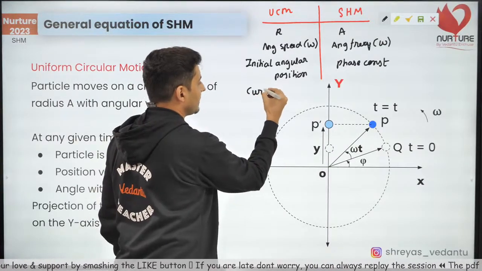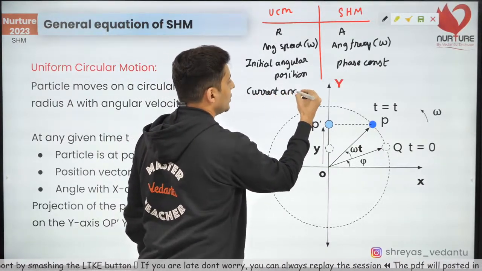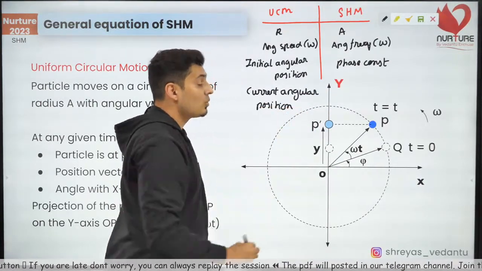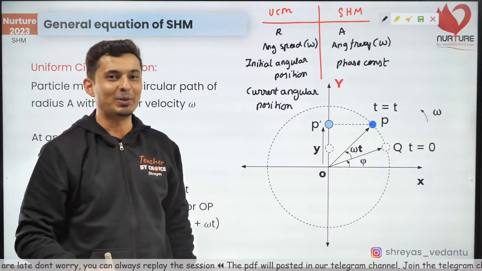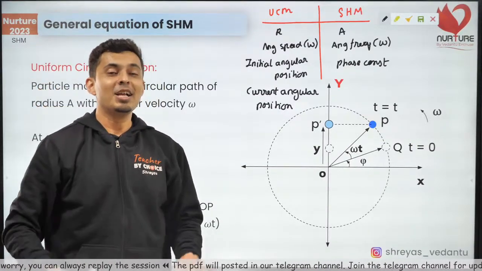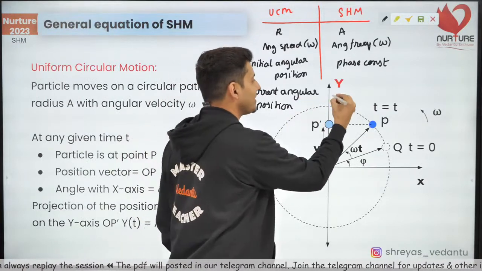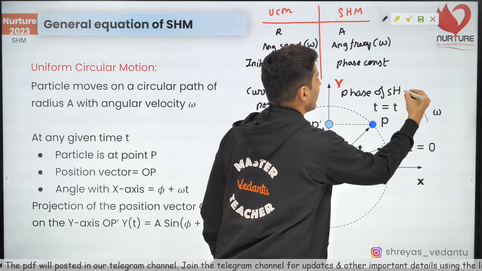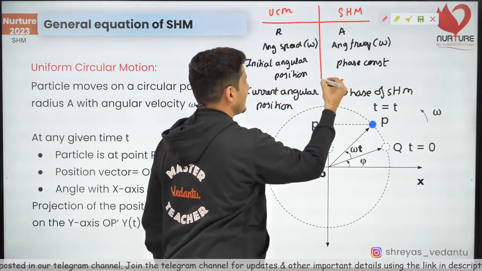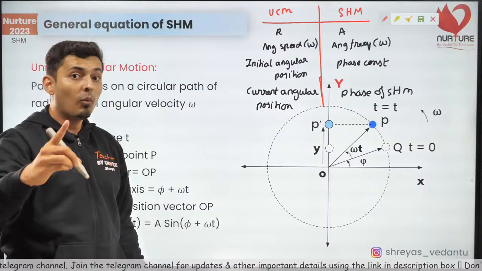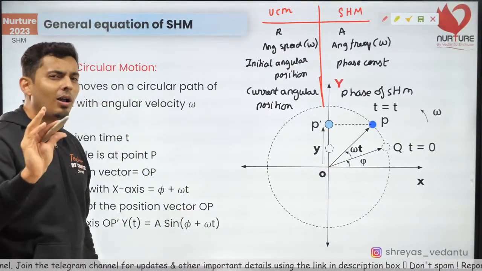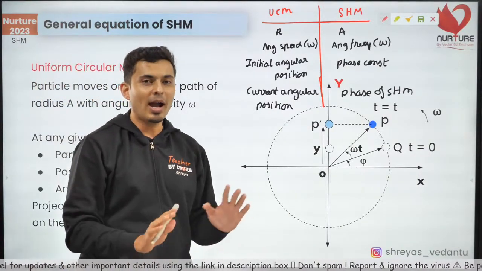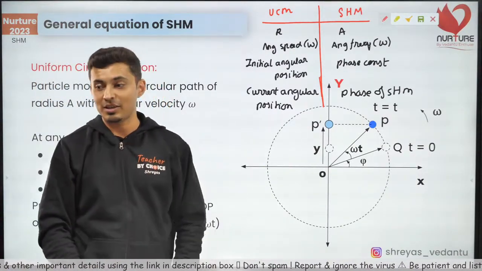So the current angular position, what is it called in SHM? Now this is a new term. That is called the phase of SHM. What is it called, my dear warriors? It's called the phase of SHM. So if somebody asks you, what is the phase? All they are asking you is, what is phi plus omega t? That's it, nothing else. Phi plus omega t is the phase of the SHM.